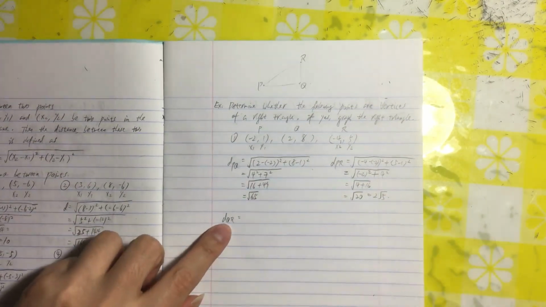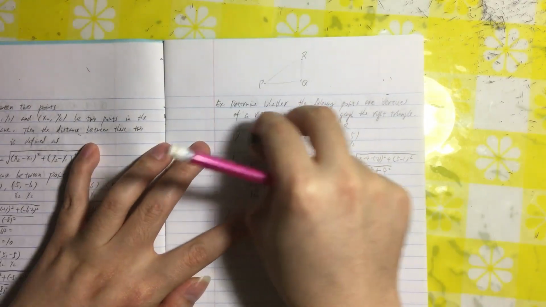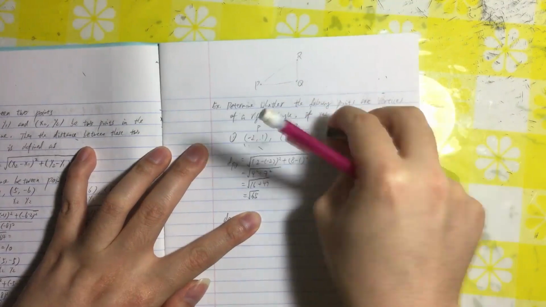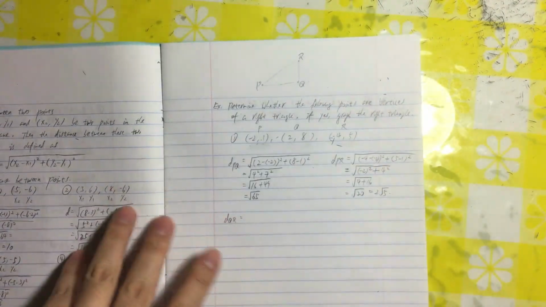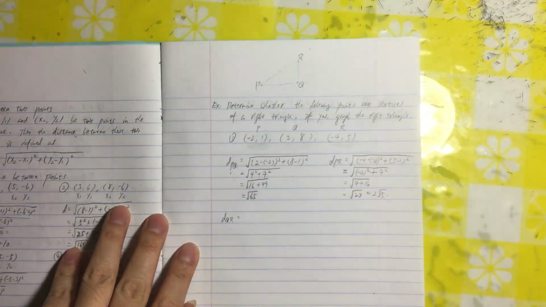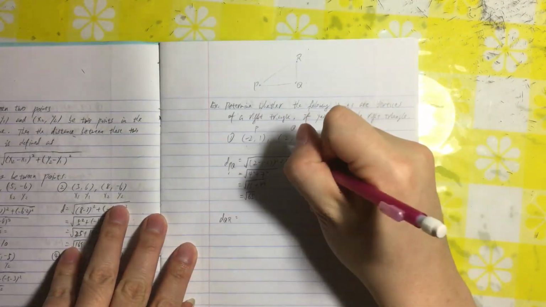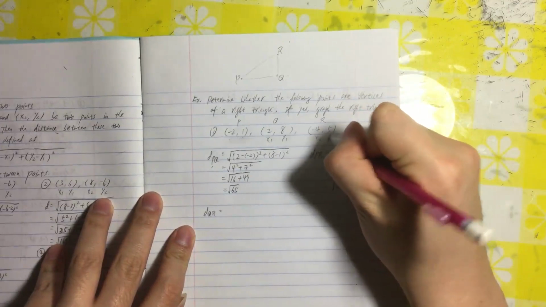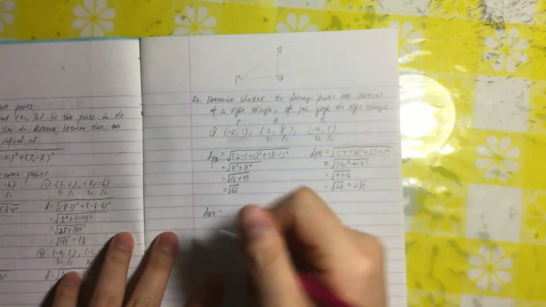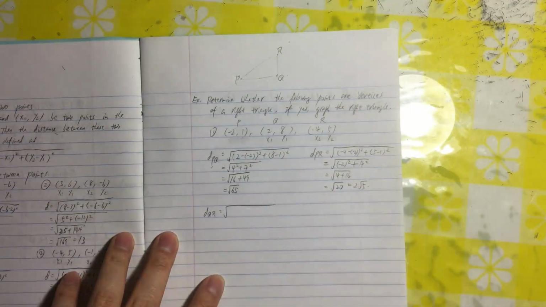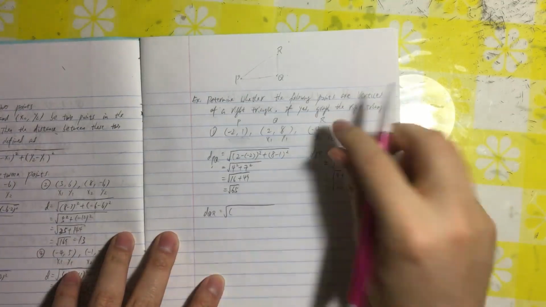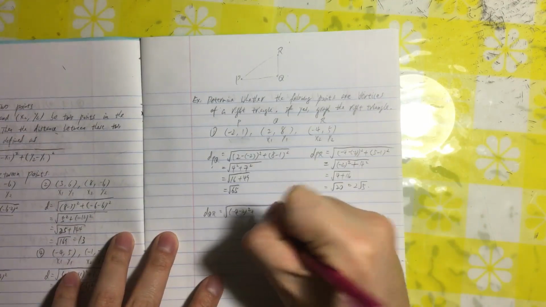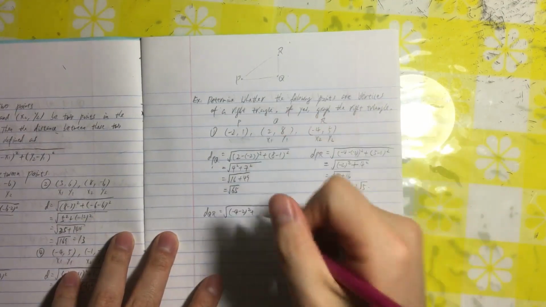Only consider point Q and R. Let's call this point x1, y1. Call this point x2, y2. And then use distance formula. x2 minus x1 squared plus y2 minus y1 squared.